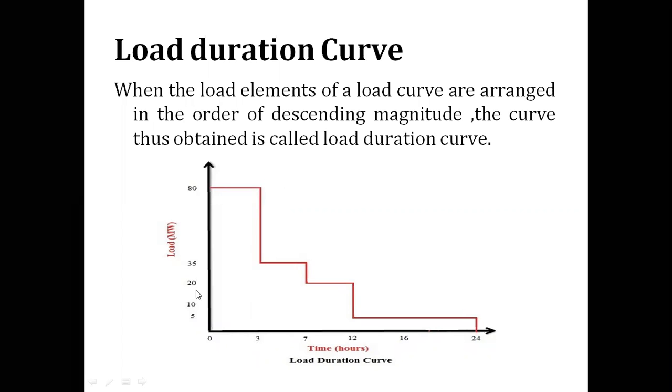After that the load will be 20, after that 10, and after that 5. So on the basis of the daily load curve we can formulate the load duration curve, which is when the load elements on the load curve are arranged in the order of descending magnitude, the curve so obtained is called the load duration curve.